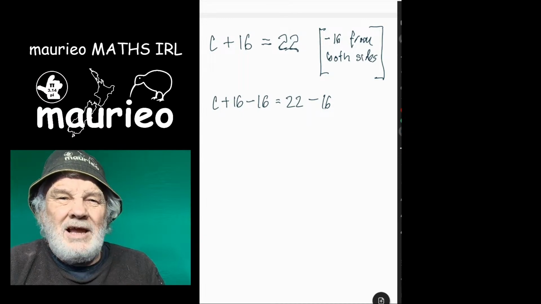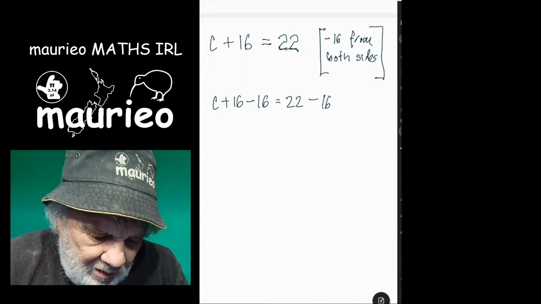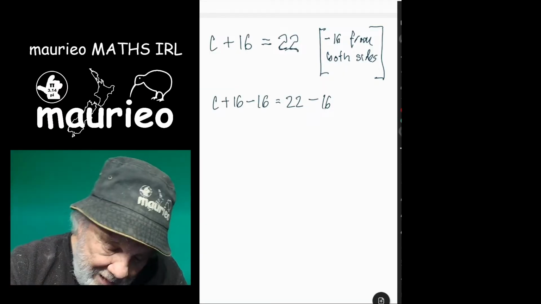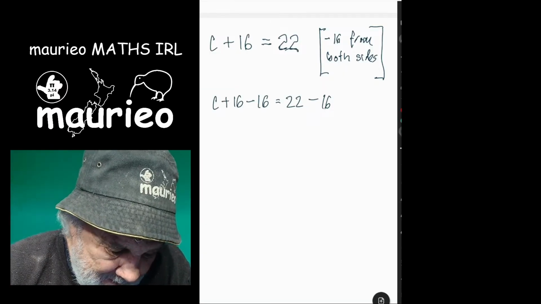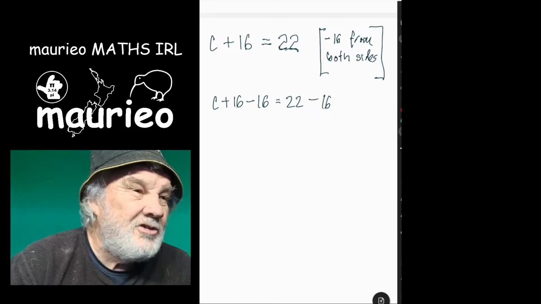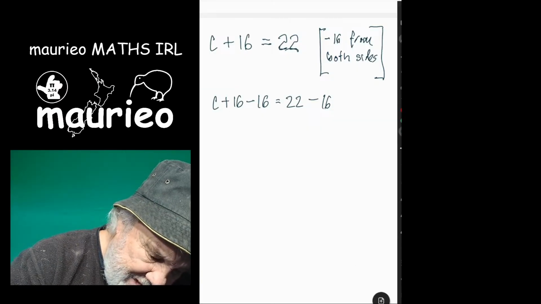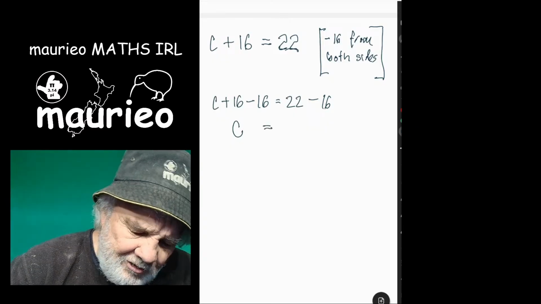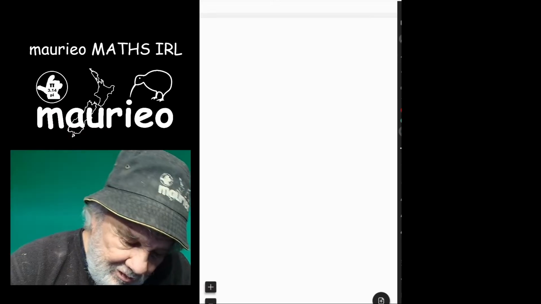What you do to one side, you must do to the other. And so C plus 16 minus 16 just leaves C on its own. 22 minus 16 is 6.